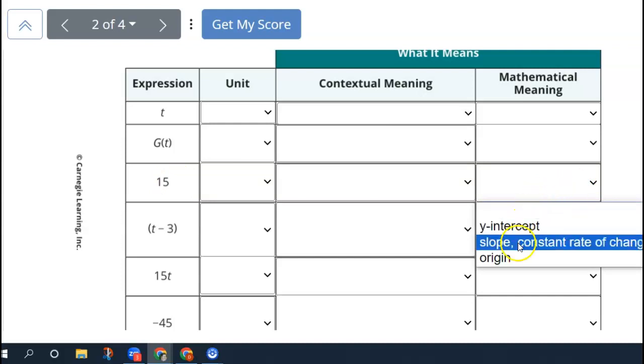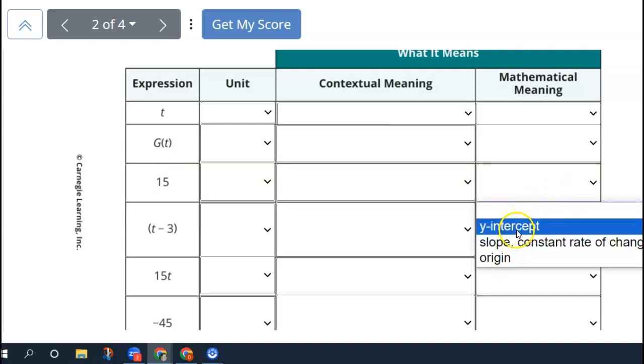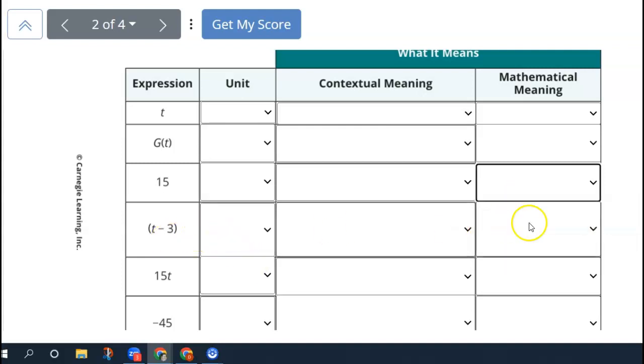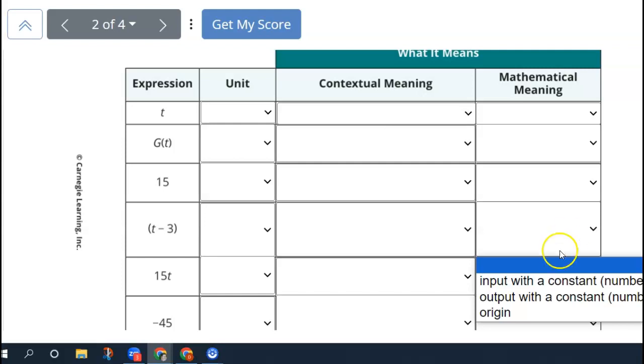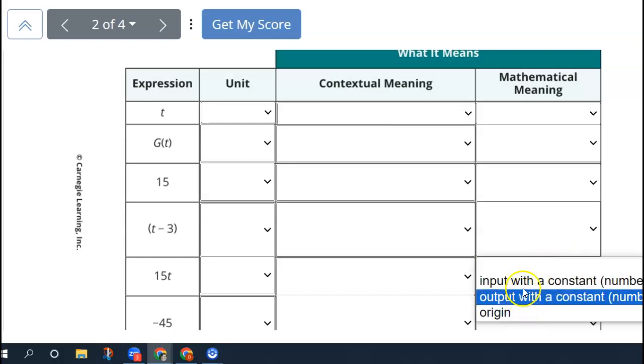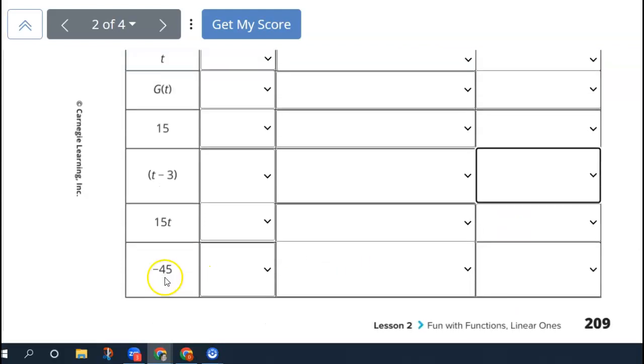Which one of these things means the price per shirt? T minus 3, which does that one mean? Same with 15t, same with negative 45. You decide.